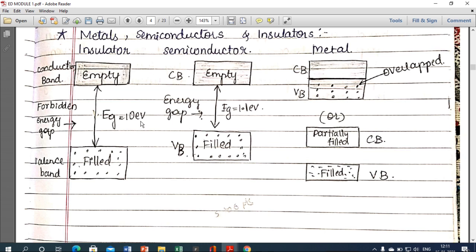If we have any material with an energy gap around 10 electron volts, then that material belongs to the insulator. Because of this forbidden energy gap of around 10 electron volts, however much voltage you apply here, the electrons present in the valency band will not move towards the conduction band, which is empty.